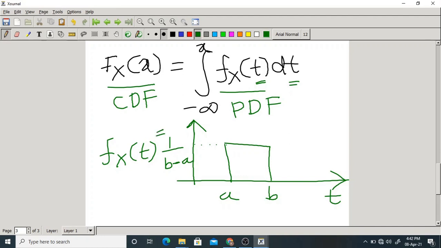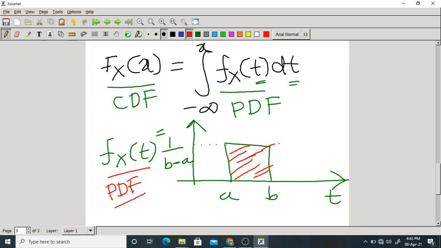Now we have to do integration, but please remember, it is not simply integration. We have to take care of limits also. Why? Because suppose I ask you what is the integration of this PDF? What generally students do is they take this complete area. How much do you get? This is b minus a, this is 1 by b minus a.